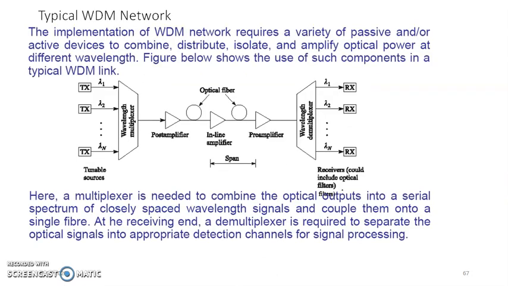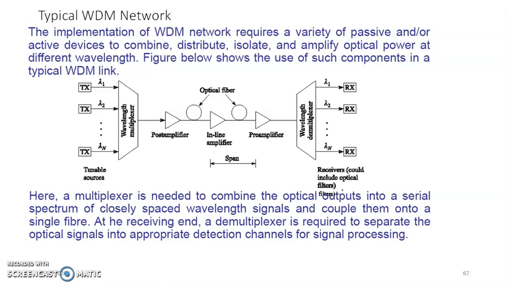Now these are the various transmitters for the WDM network. Each transmitter has a different wavelength, and all those wavelengths are combined. That is why we use the wavelength multiplexer, and through the multiplexing technique we can propagate the signal through the fiber.